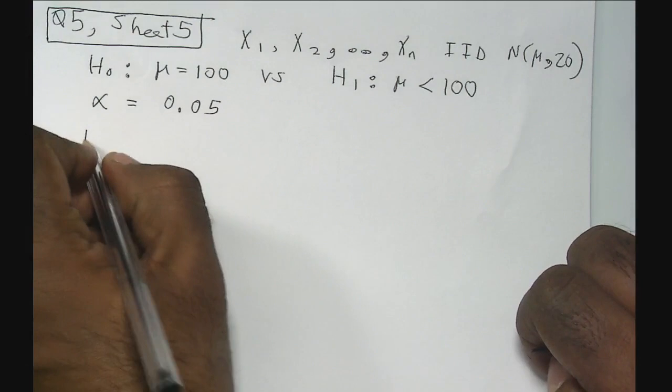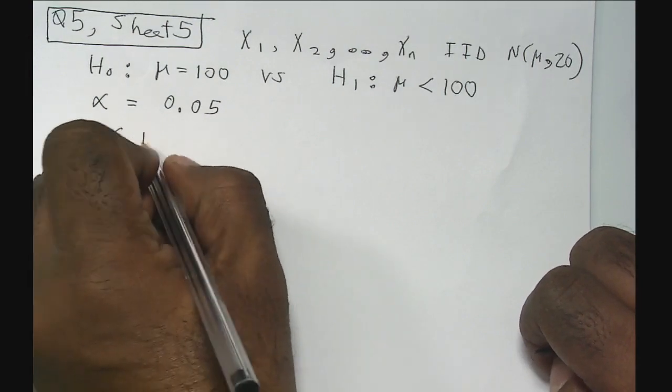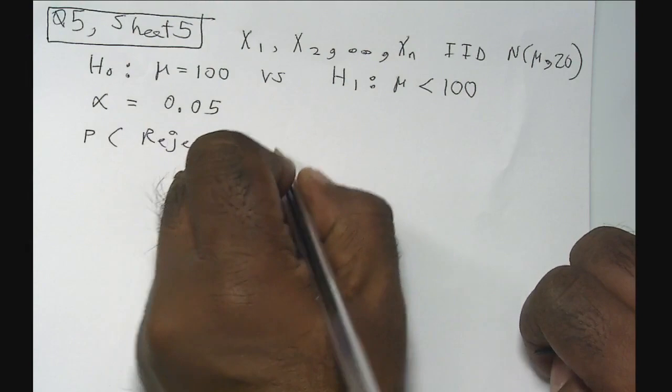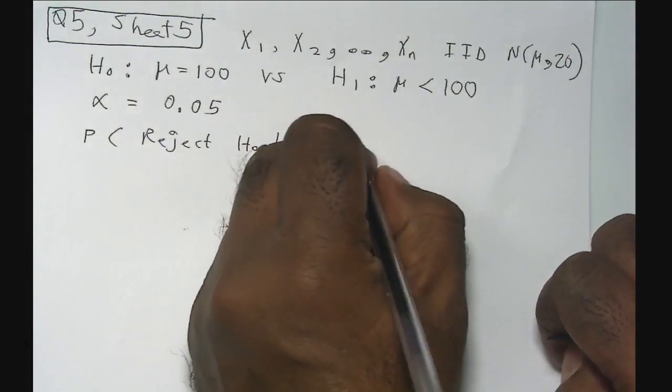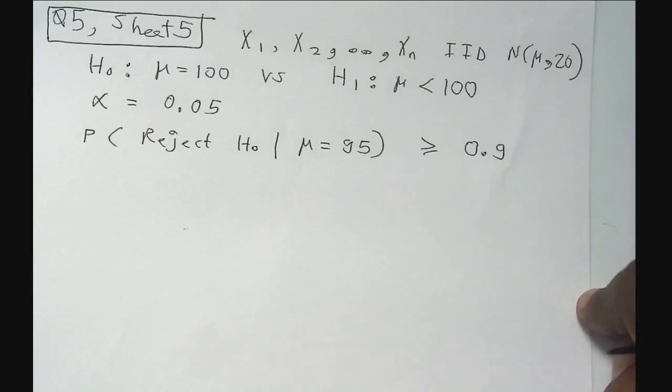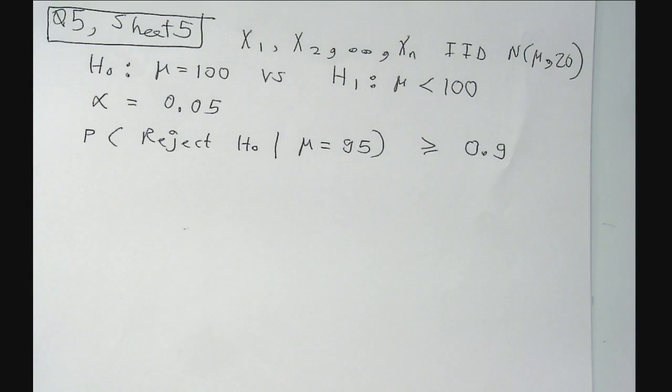The question was to find n, the sample size, such that the probability that you reject the null hypothesis when the true value of mu is 95 is at least 0.9.